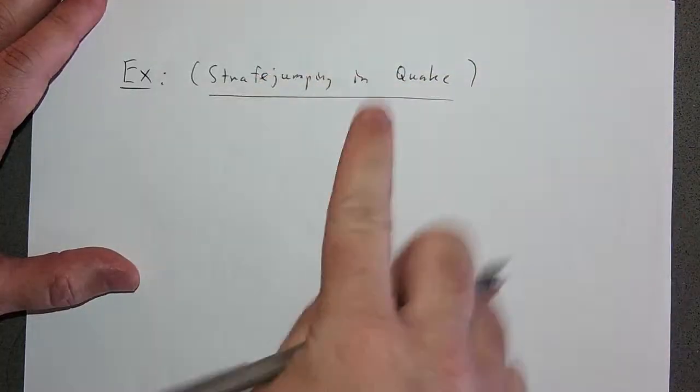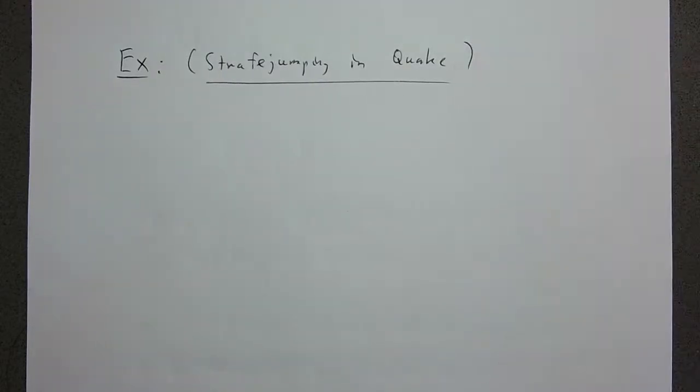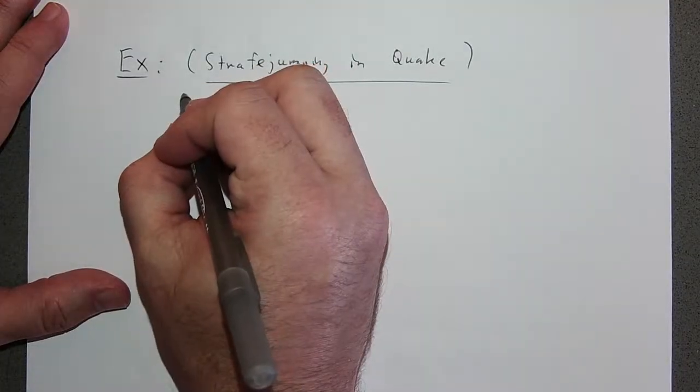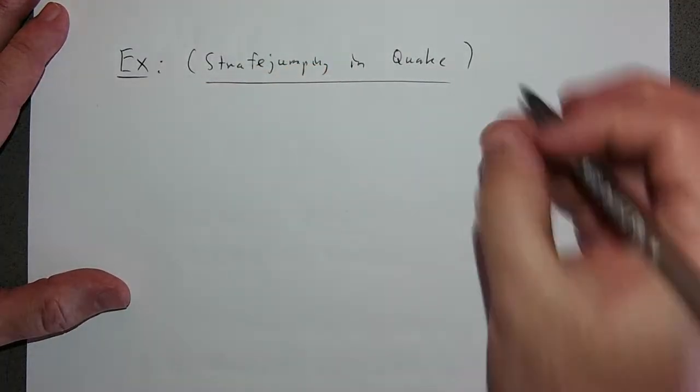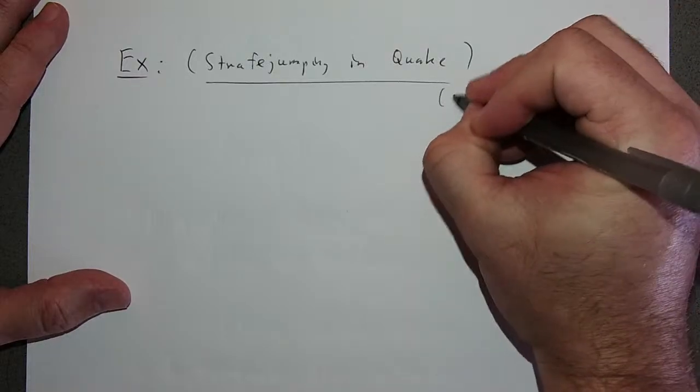Now, in the original Quake, this worked a little bit differently, the way that strafe jumping was handled. Maybe I can clarify this if I talk about the way that this works in Quake 3.